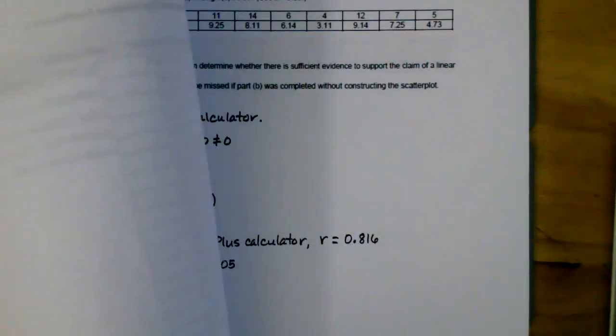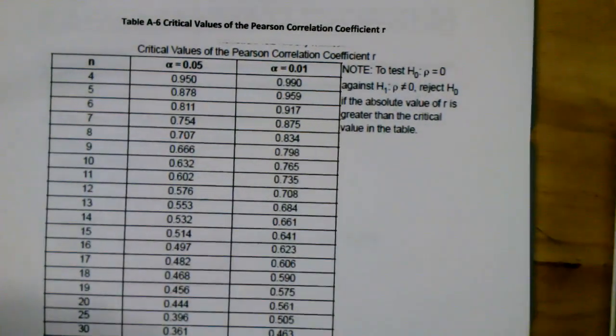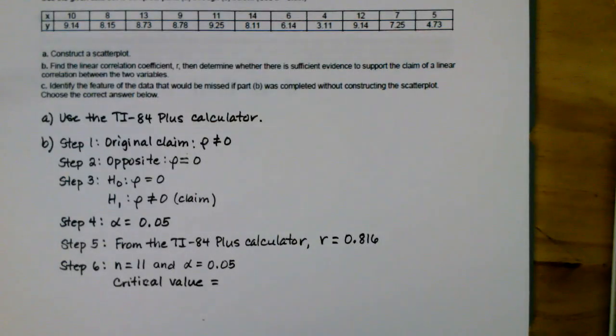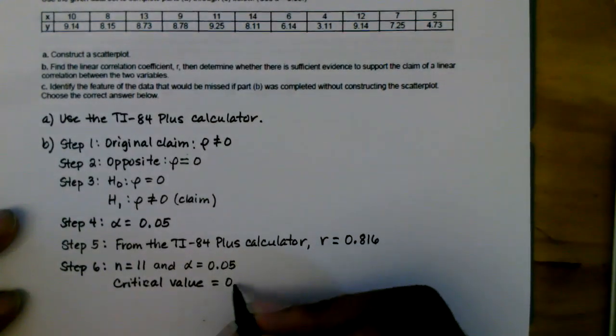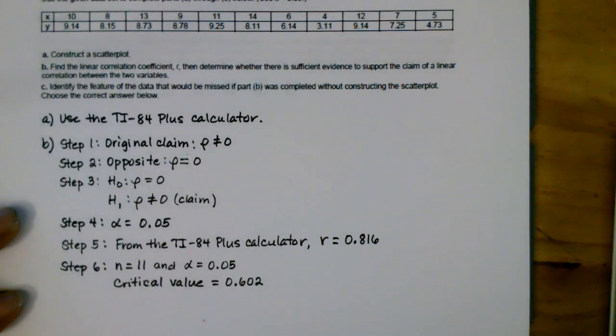The alpha level was 0.05. Read across and down, you'll see that the critical value there will be 0.602. 0.602 is your critical value.